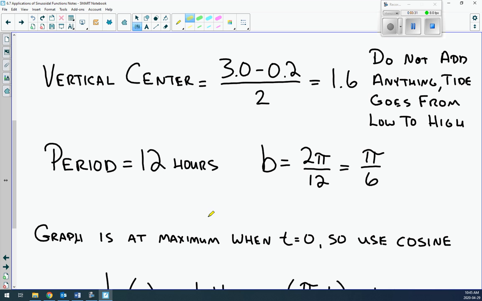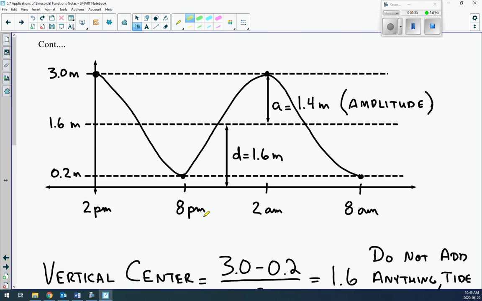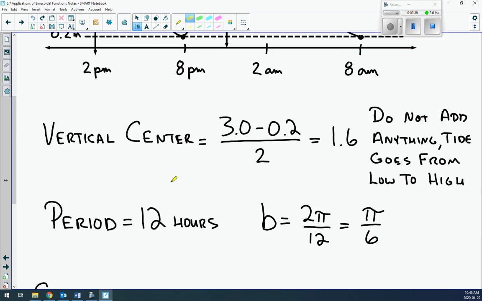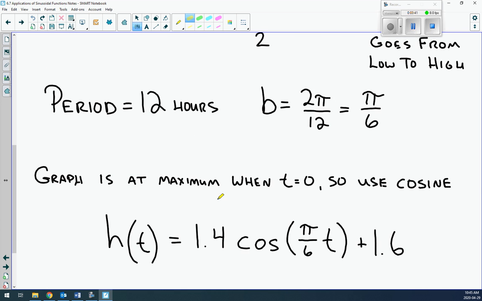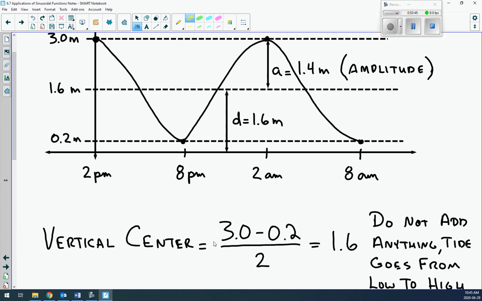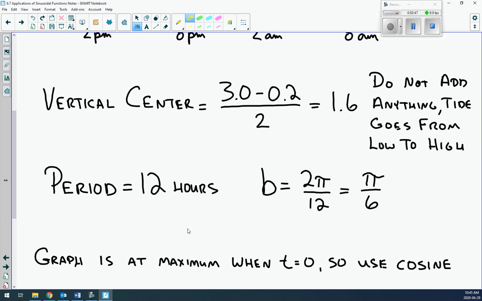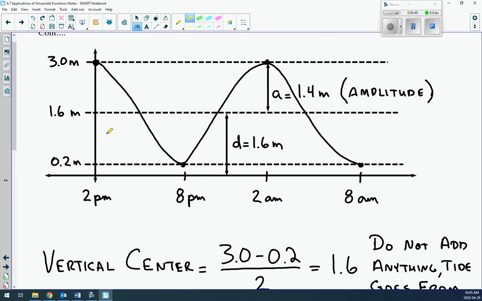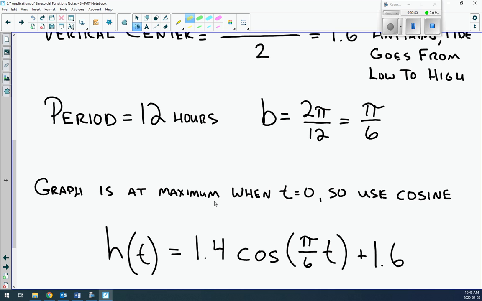The graph is at a maximum when t is 0. If you look, this looks like a cosine curve, so let's just base it on cosine. We don't have to change it to sine. A is 1.4. Where do we get that from? That's a vertical stretch. If we look at the center here, the whole thing would be stretched, so 1.4.